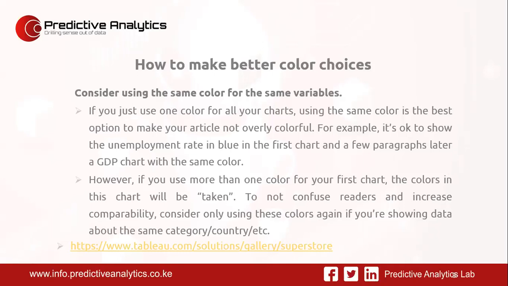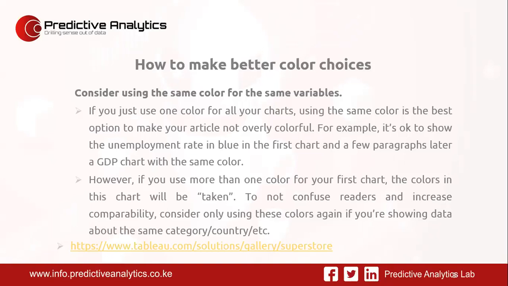One good example here is when you're using what you call a dashboard, which we saw in the first lesson, but we're going to refer to it later when we're doing the actual visualization. If you use more than one color for your first chart, the colors in this chart will be taken in quotes, meaning that the eye has already associated the color with a certain, say, KPI or a certain variable.